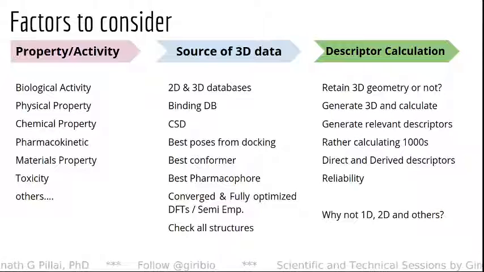Sometimes derived descriptors too, but you need to be very careful in selecting them, because you need to have an understanding of the physical meaning and what relevance it has with the activity or property. Then the reliability, because if you are predicting a value, what is the reliability of that prediction? Is there any error value? Is there any standard deviation?